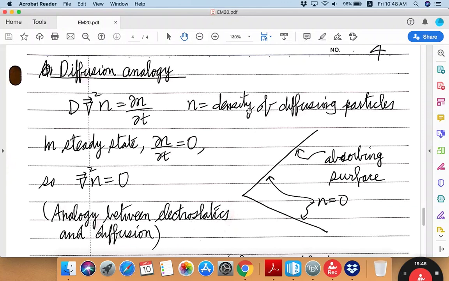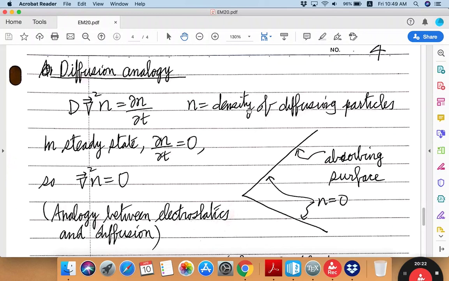Okay, so n, for example, can be the density of gas particles that diffuse through empty space, or through air, or it could be the density of ink diffusing through clean water. Whatever the specific material may be, all diffusion phenomena tend to satisfy this equation.